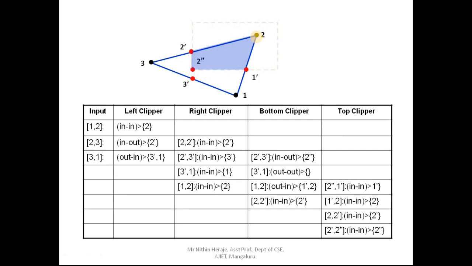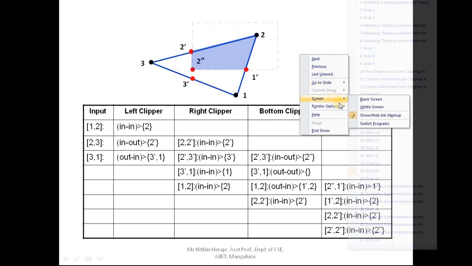But let us start from the left clipper. So input is 1 comma 2. Okay, so when it is 1 comma 2, and if it is a left clipper, the left clipper treats everything inside the right window, correct?